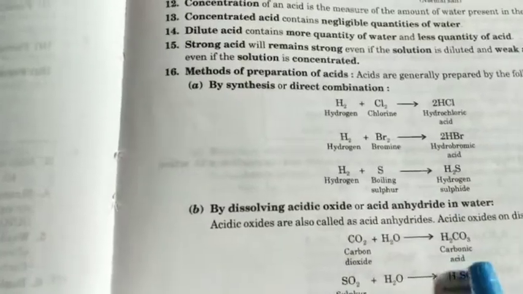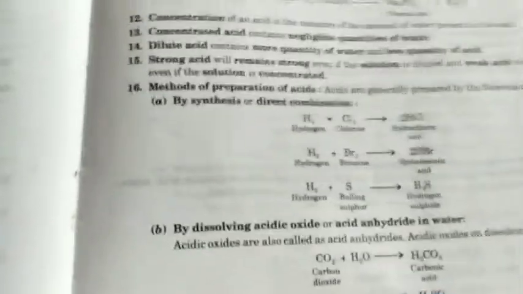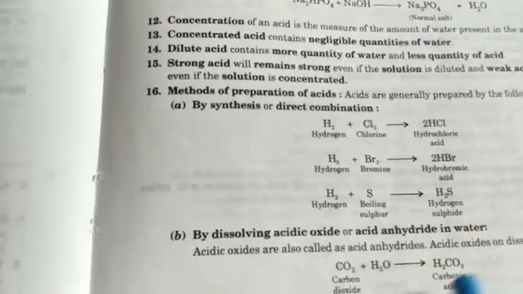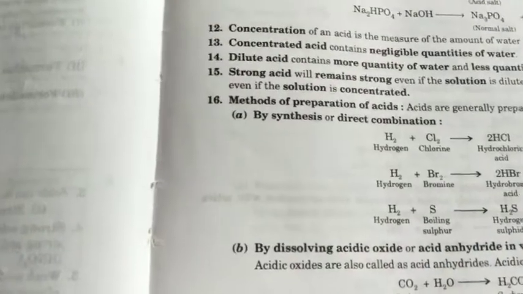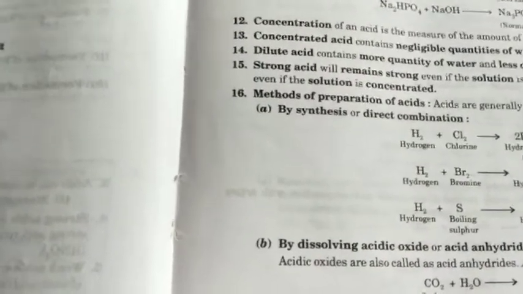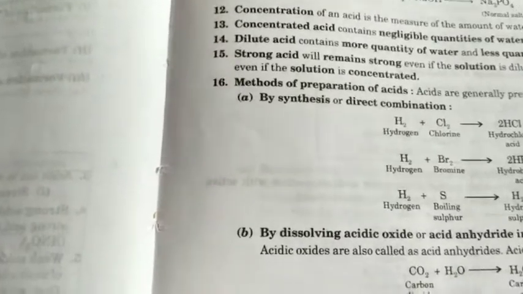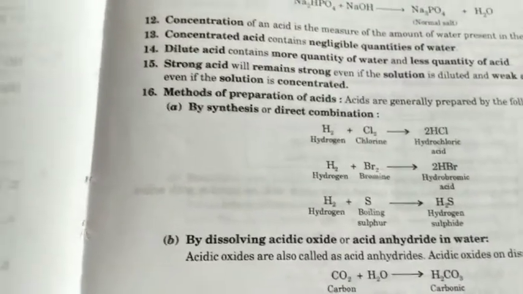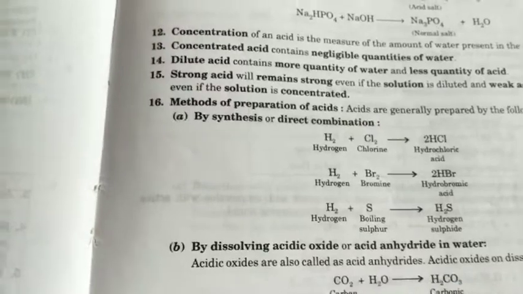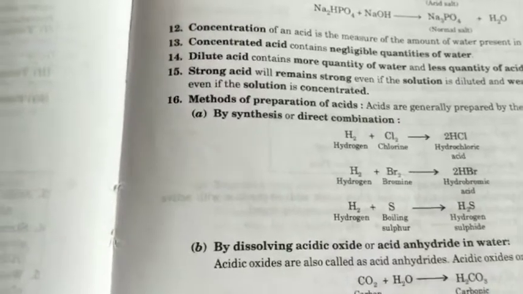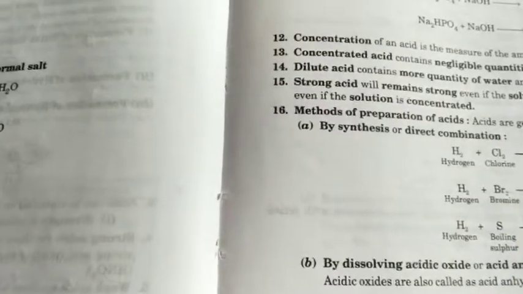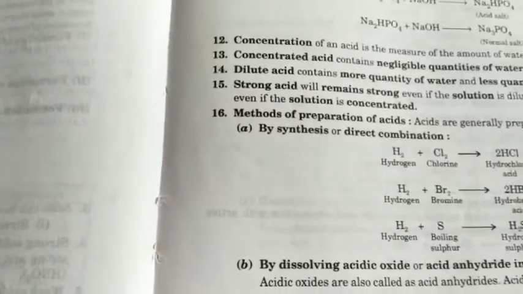When carbon dioxide reacts with water, then carbonic acid forms, and when water is removed from carbonic acid, then carbon dioxide forms again, that is known as acid anhydride, because water is removed from the carbonic acid.